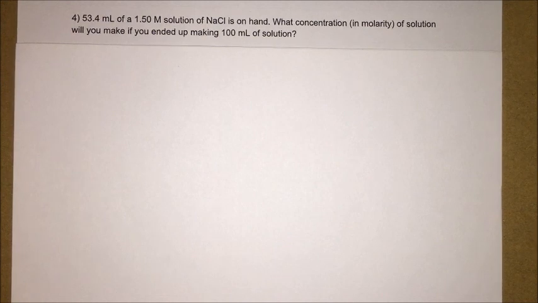And lastly, for number 4, it says you have 53.4 milliliters of a 1.50 molar solution of NaCl on hand. What concentration in molarity of solution will you make if you ended up making 100 milliliters of solution?